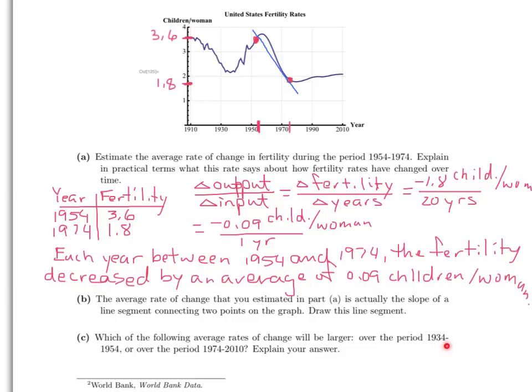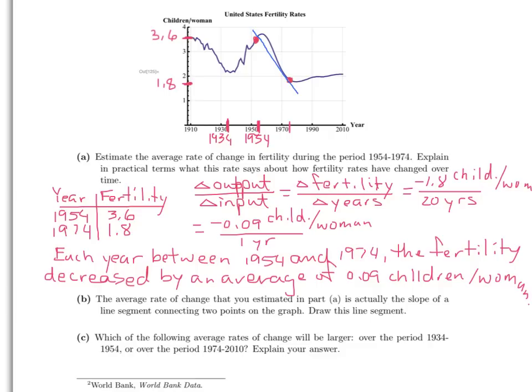Let's start by looking at the period from 1934 to 1954. Over that time period, we have 2 points on the graph that we can look at. 1934 is about here, and 1954 we already have marked.